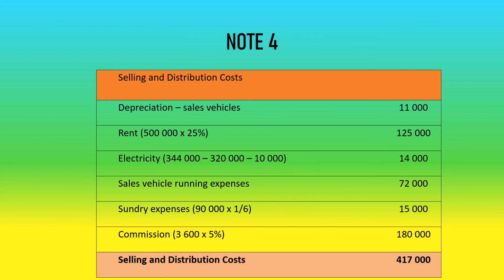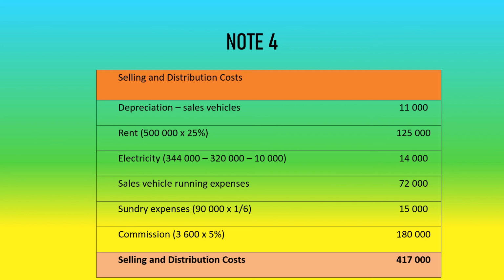In our note 4, we calculate selling and distribution cost. Now we have discussed all of these costs when we were doing our transaction calculations, and we have spoken about all these transactions. So I'm just going to do a quick overview of this. Depreciation of sales vehicle was given to us. We didn't need to calculate the depreciation. Rent, we only took the portion of the sales department.